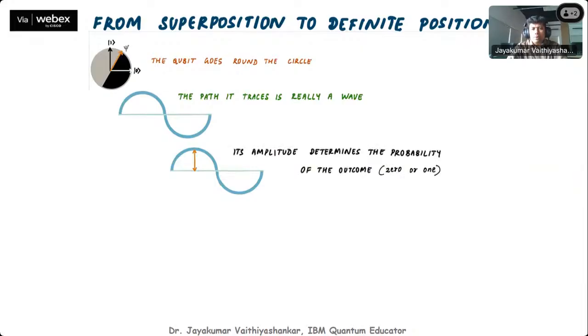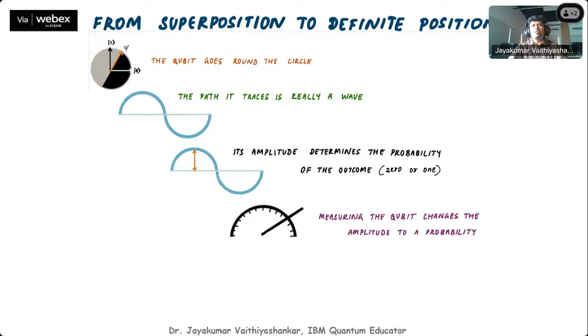Its amplitude determines the probability of the outcome. Whenever you want to know the outcome, you need to measure that signal. The measurement signal will come from the amplitude. Superposition is not stateless, it is a state. It is a combination of states.